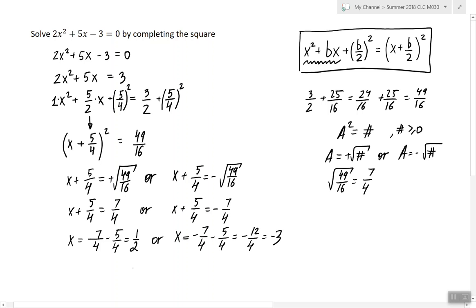So we have two solutions, 1/2 and -3. The other ways that you can solve this equation are using the quadratic formula and factoring, but we have solved this particular equation by using the method of completing the square.